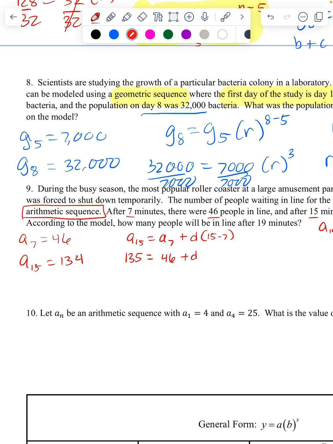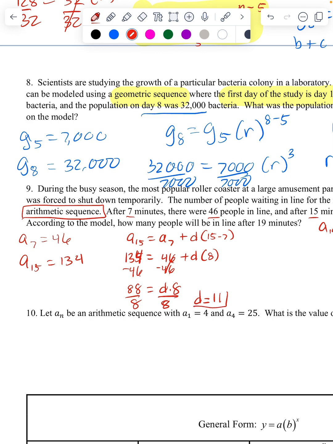No clue what the common difference is, but I do know that 15 minus 7 is 8. Okay, so taking away the 46, mathing my way to it, I end up with, I just wrote 135 randomly. So here I end up with 88 equals D times 8. So my common difference is 11.